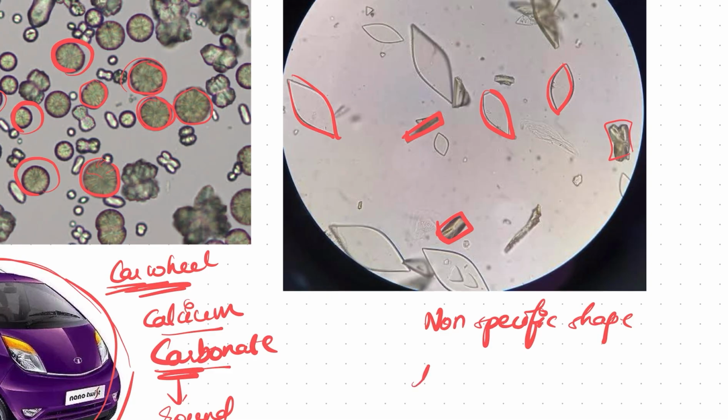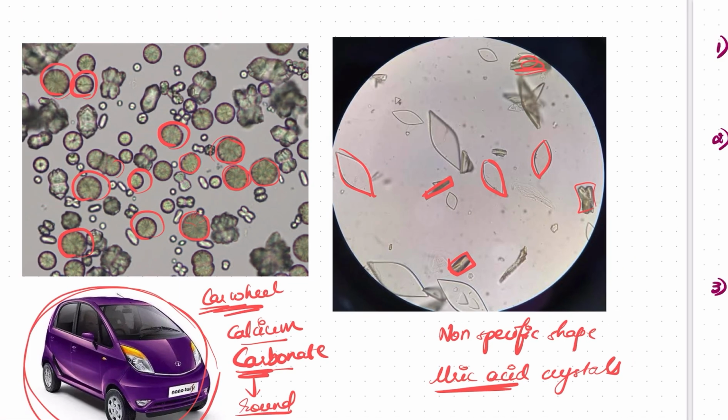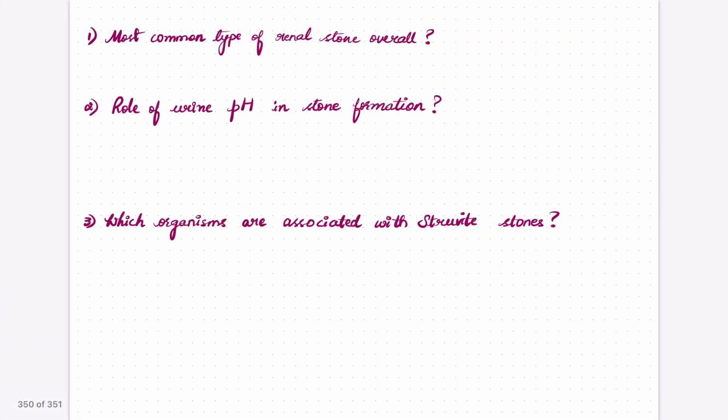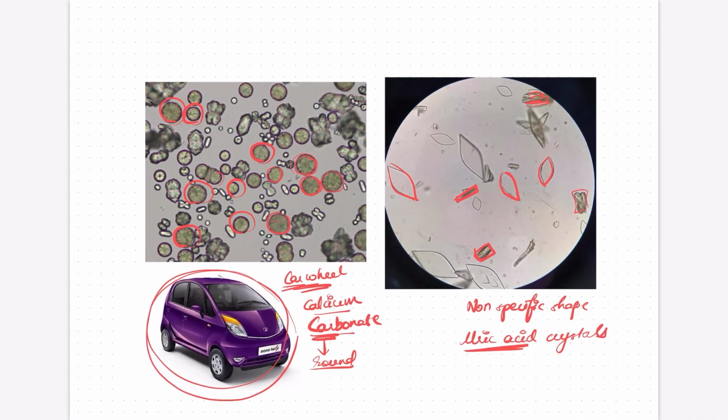These are seen in uric acid crystals, seen in gout, and they are colorless. So these are all the other types of compositions of renal stones.